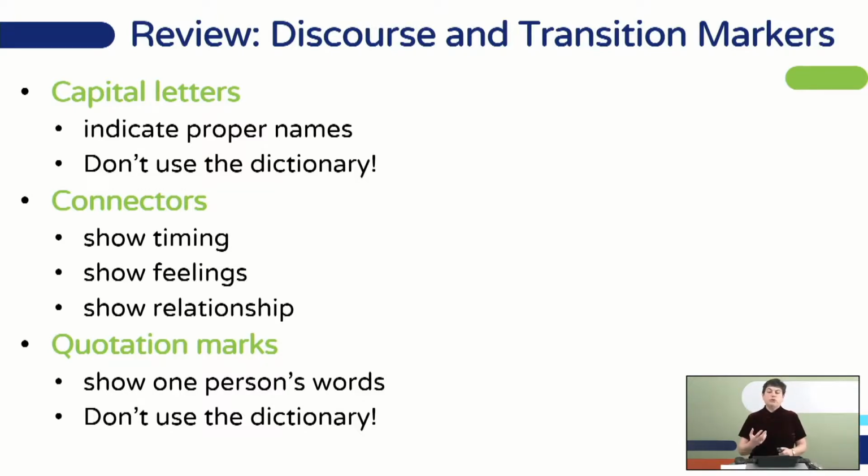As we go through the transition markers and the discourse markers to understand what's happening in the text, these things help us navigate our way. We can think of them as signposts on the way, on the route that we're following from reading the text to answering the questions, understanding the writer's meaning to getting a picture in our head of what's really happening.